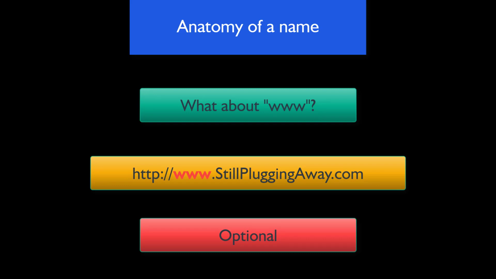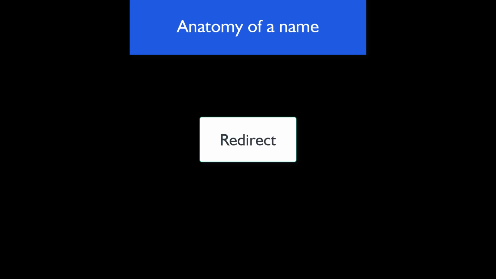But you need to make sure your website is set up so that your users get routed to your site whether or not they specify the www. It's possible to do this using a redirect setup in your server configuration. Make sure the company that hosts your website does this.